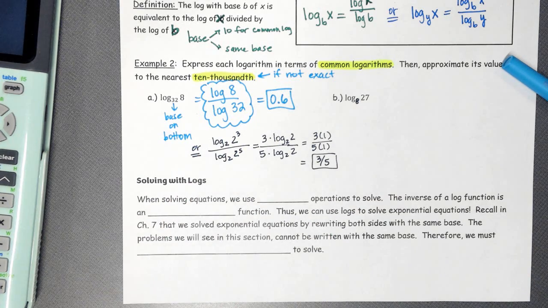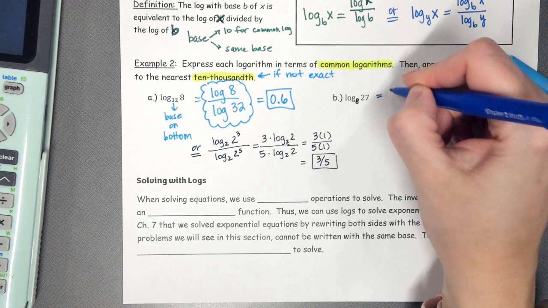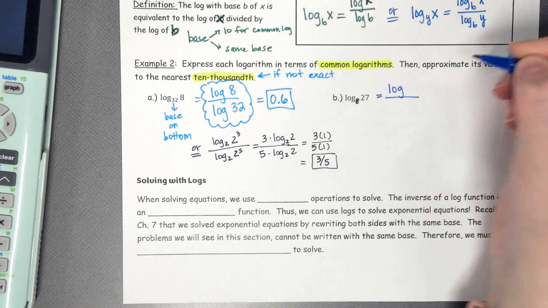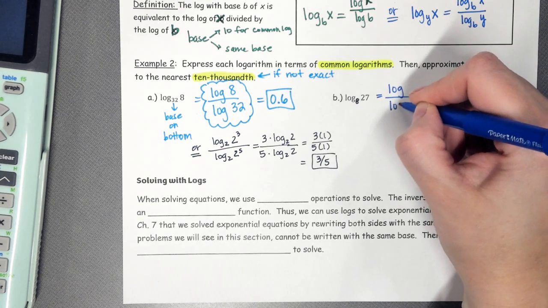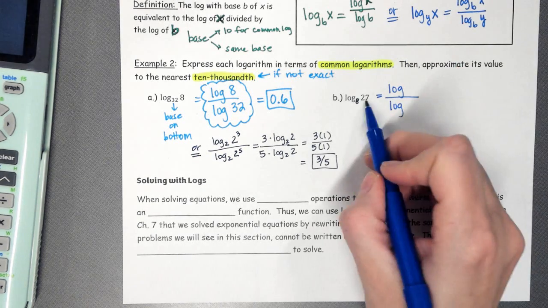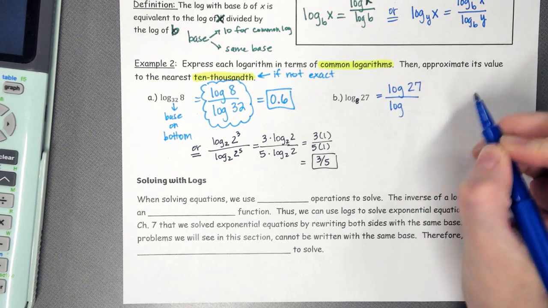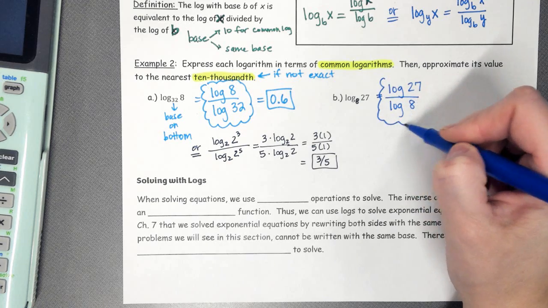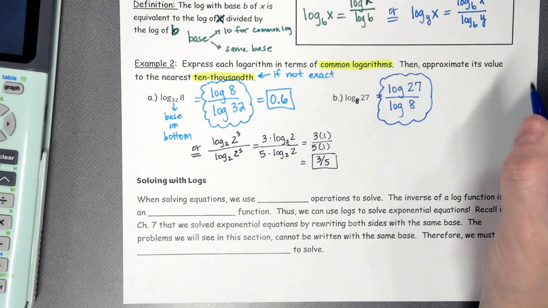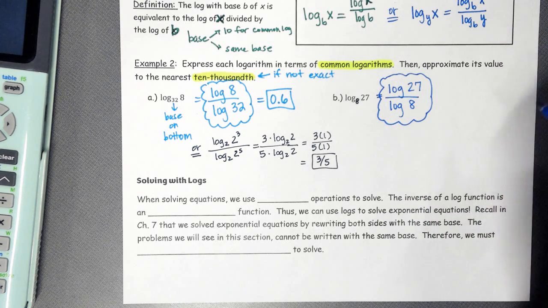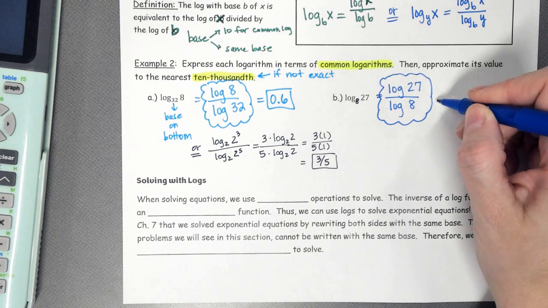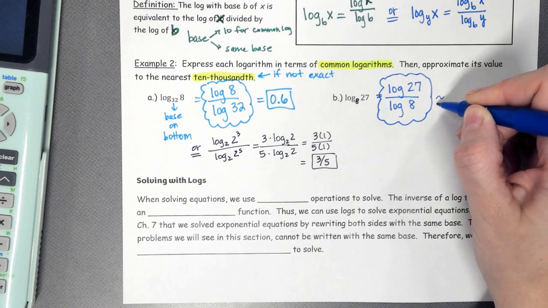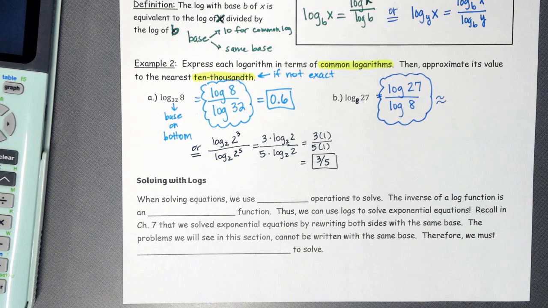For the next one, we changed it so that you couldn't rewrite it with the same base. Okay, so again, we're just going to write this with common logs. Whatever the log is going to go on top. Whatever the base is going to go on the bottom. This is the first thing they're asking you to do. Okay, and then I want you to go ahead and approximate that to the nearest 10,000.